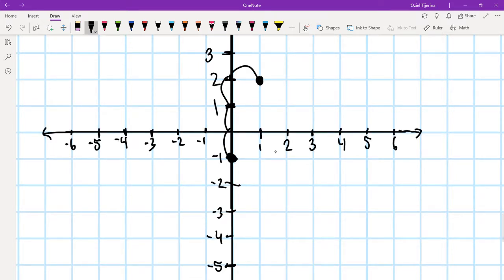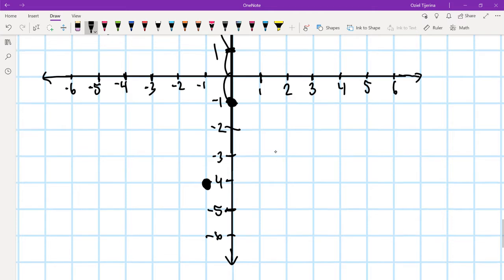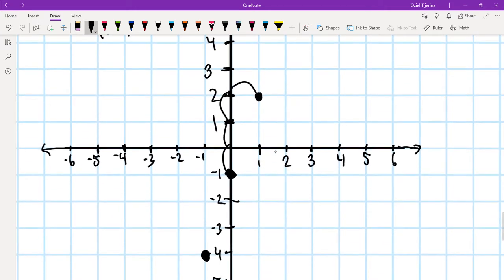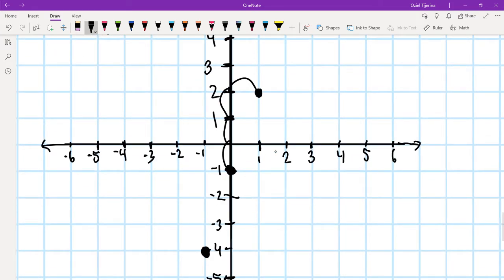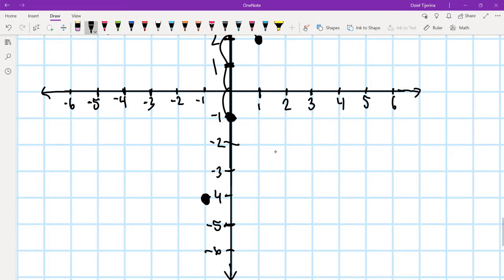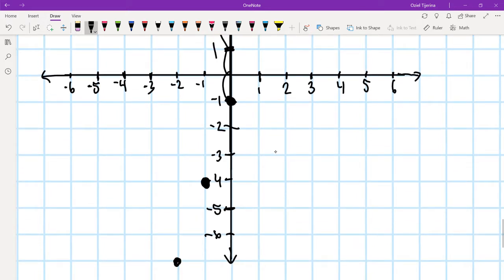So you would say 1, 2, 3, 1, 1, 2, and then obviously it's already done. Obviously it's over here, but it would be 1, 2, 3, 1.